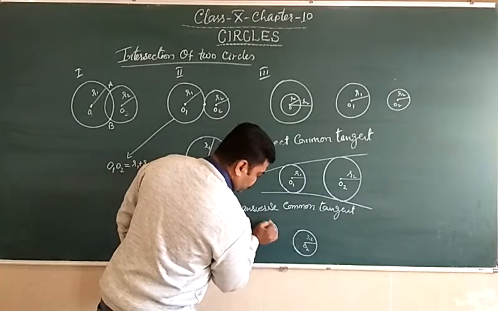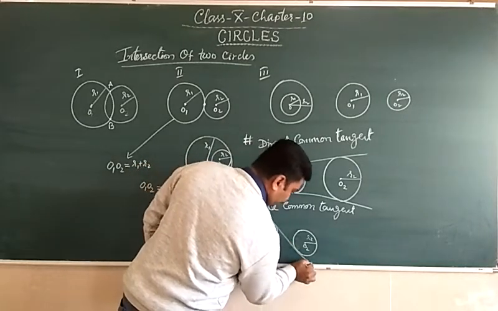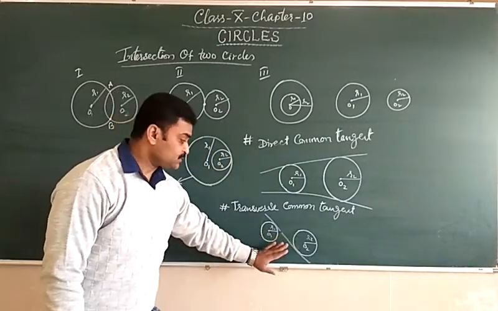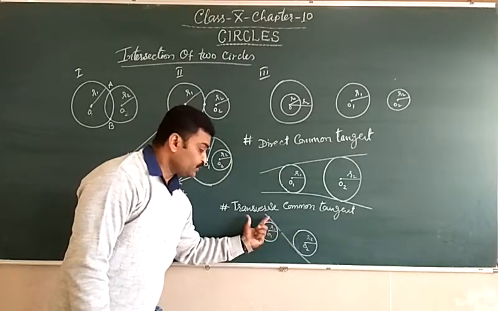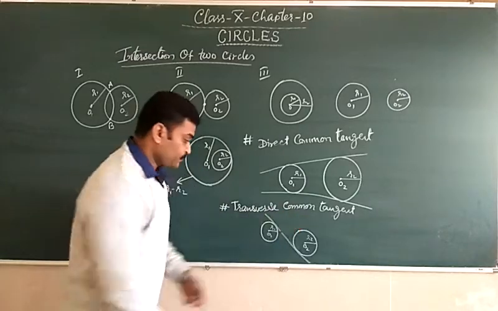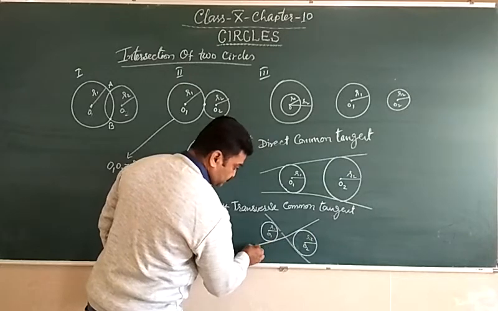See, if we draw a common tangent like this, that means the two circles lie on opposite sides of the common tangent, and it is called transverse common tangent. We can also draw a tangent like this.